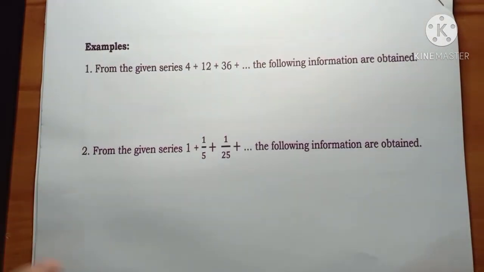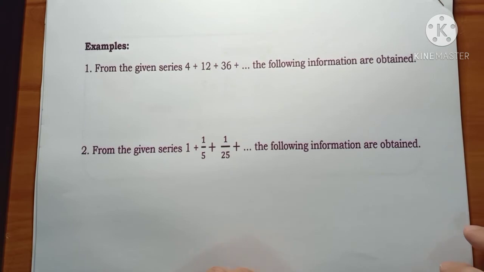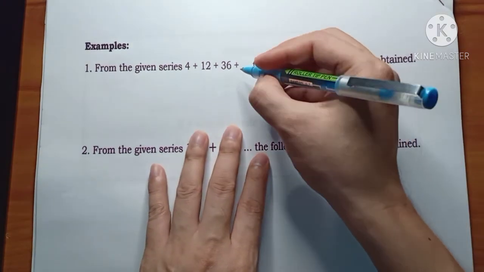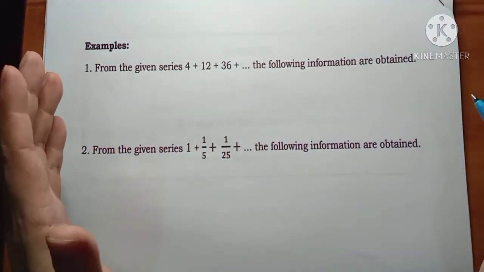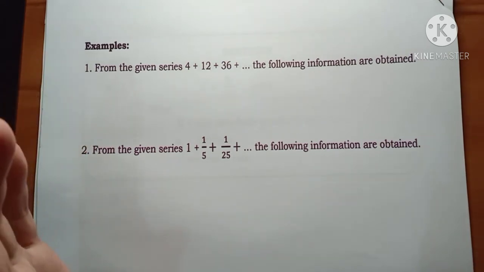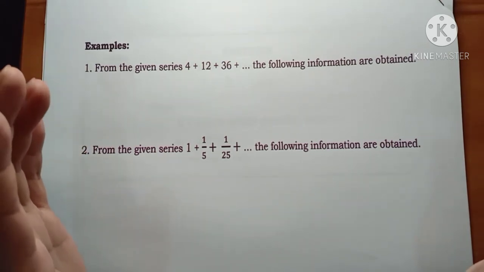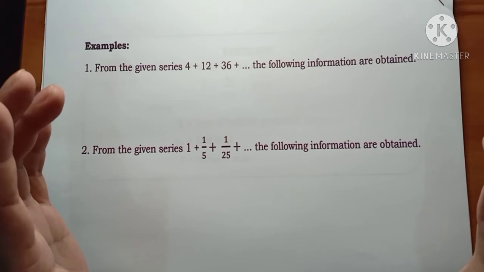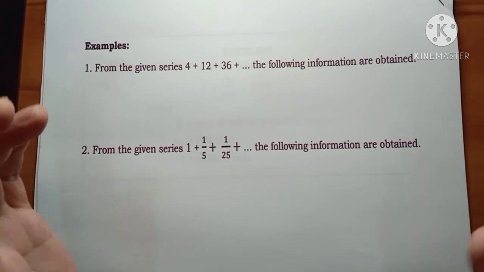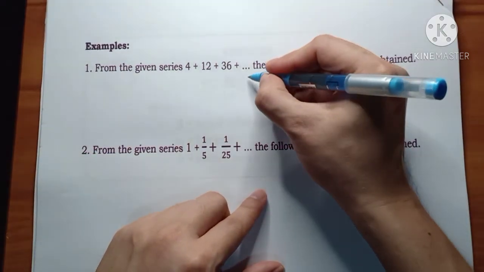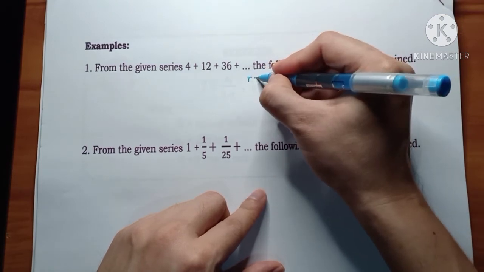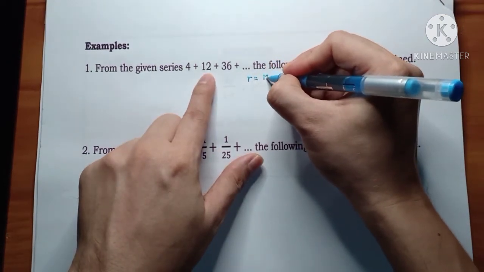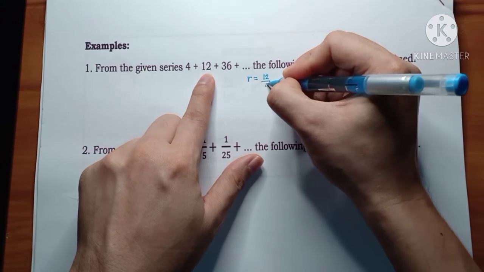So, from the given series, 4 plus 12 plus 36 plus ellipses, the following informations are obtained. So, alamin muna natin ang ating r. So, para malaman natin ang ating sum of the first n terms ng infinite geometric series, dapat alamin muna natin ang r. So, importante dito ang r. So, we have 12 divided by 4.